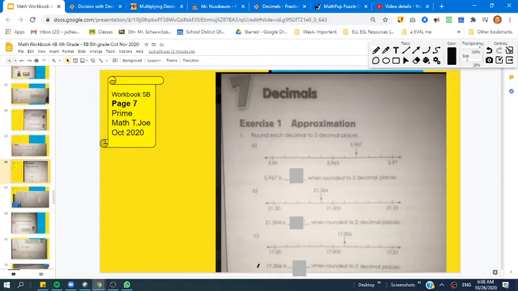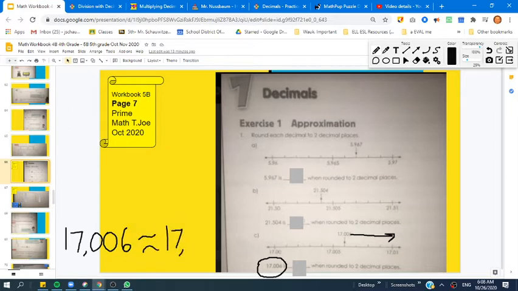All right, so our number 17 and 6 thousandths is going to be approximately equal to 17 and 1 hundredth, because that 6 is actually going to make that 0 go up. Okay, so there's your answer for letter C.